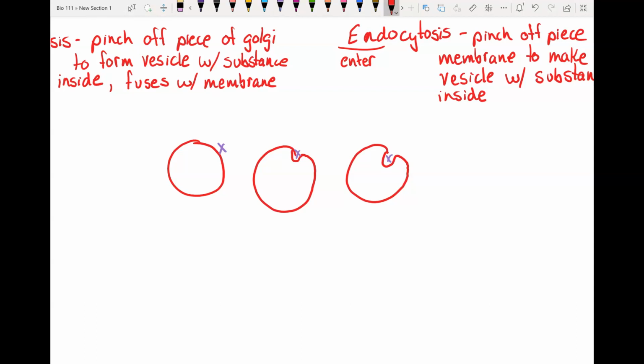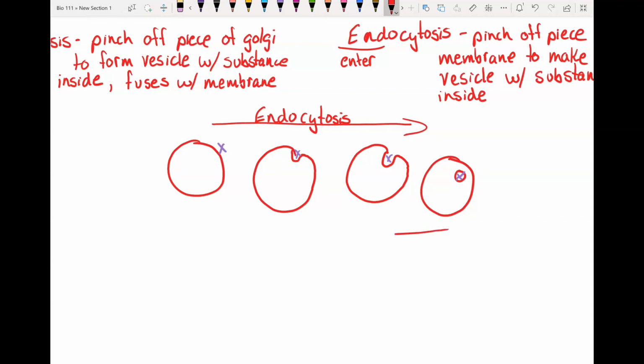And then it pinches off. If you look at this picture going this direction, we have endocytosis. If you look at this picture going this way, if you start, here's your number 1, you have exocytosis.